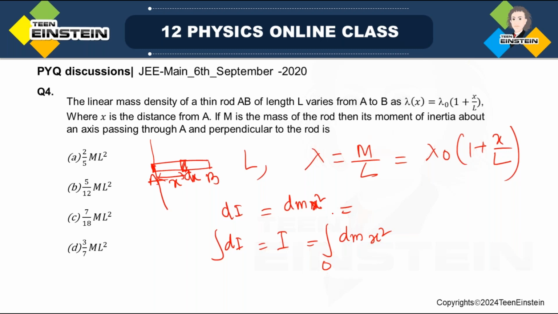And this limit has to be this. But here one thing we don't know, this dm. Dm is mass of that element.